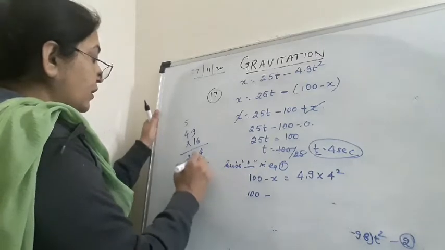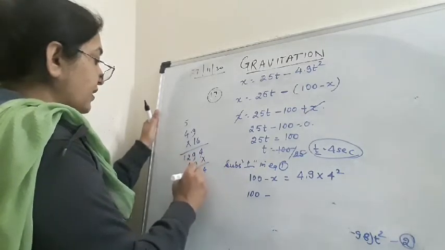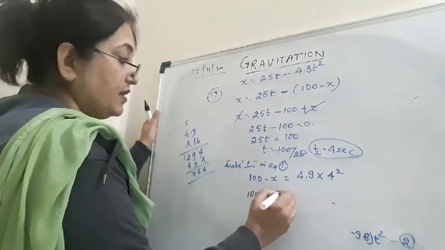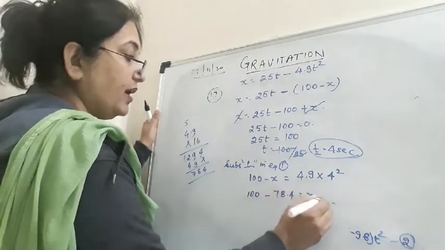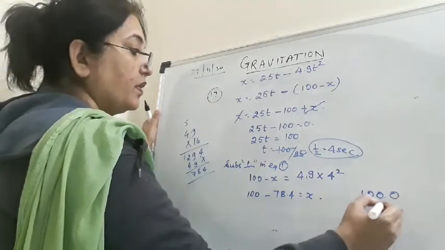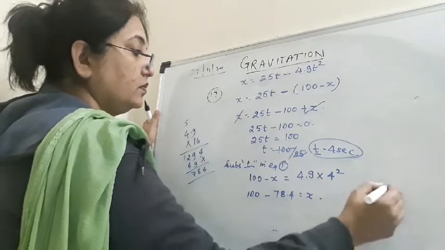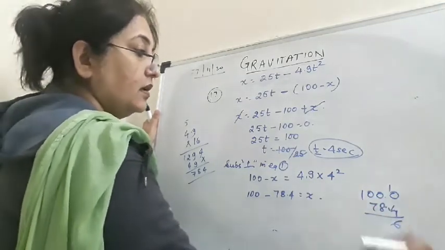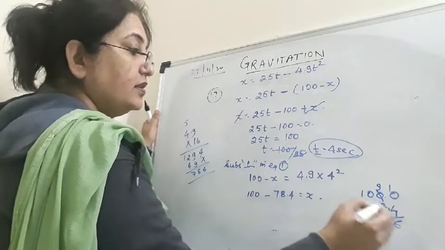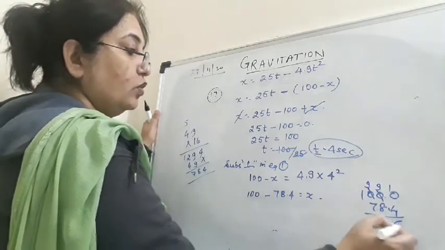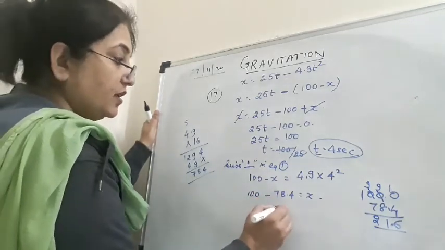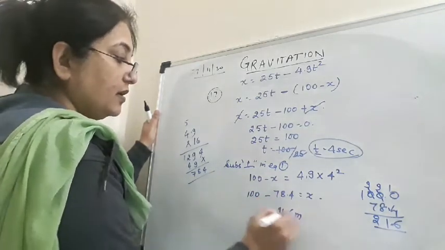So here you have 78.4, which is 100 minus x, and 100 minus 78.4 will give you x is equal to 21.6 meters.